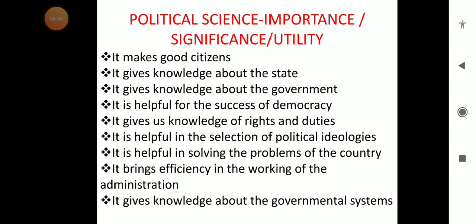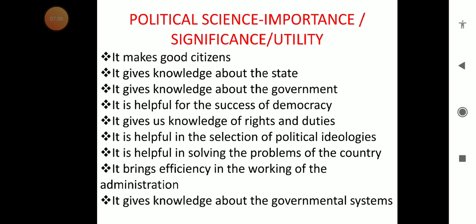So if the rulers themselves are not aware of their rules, then the rule is not going to be successful. By studying political science, the people become conscious about the rules. They come to know about the responsibilities of the government and their own rights and duties, and this way they take more and more participation for the betterment of the state, for the betterment of the people. So it is very helpful for the success of democracy.